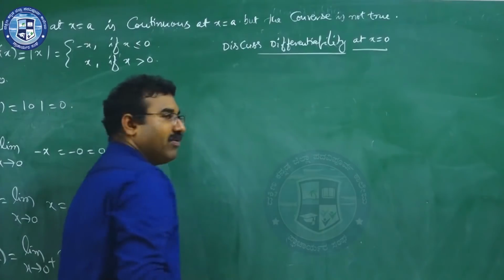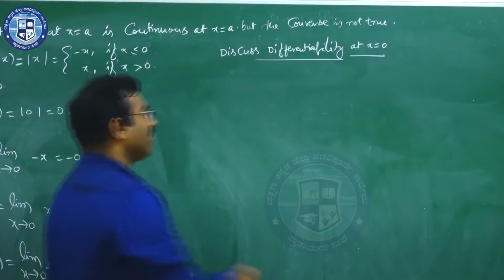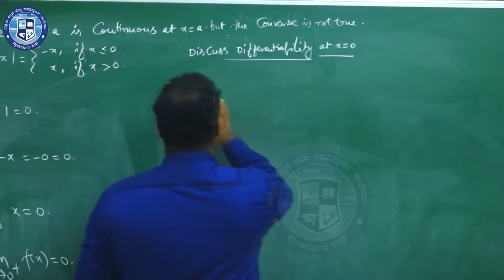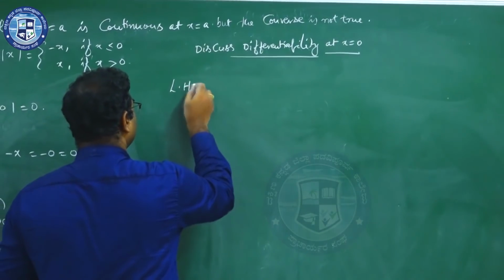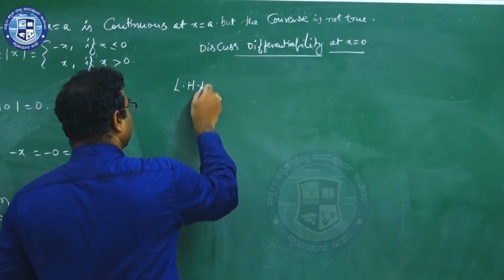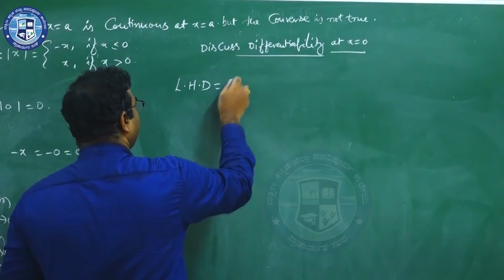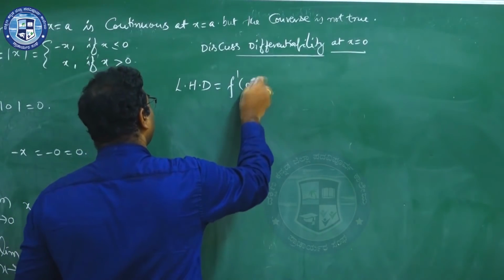So we will discuss the left hand derivative, f dash of 0 minus.